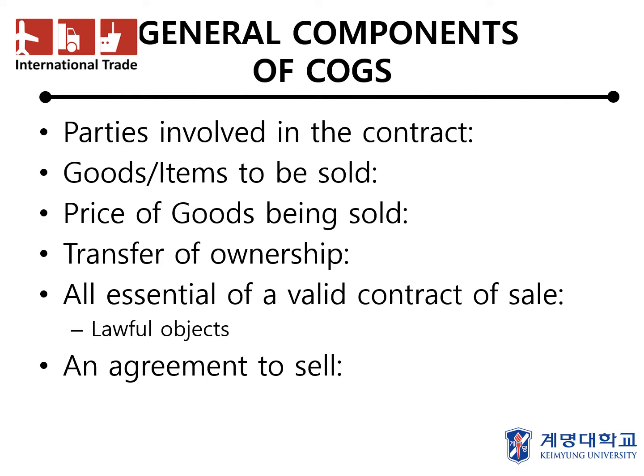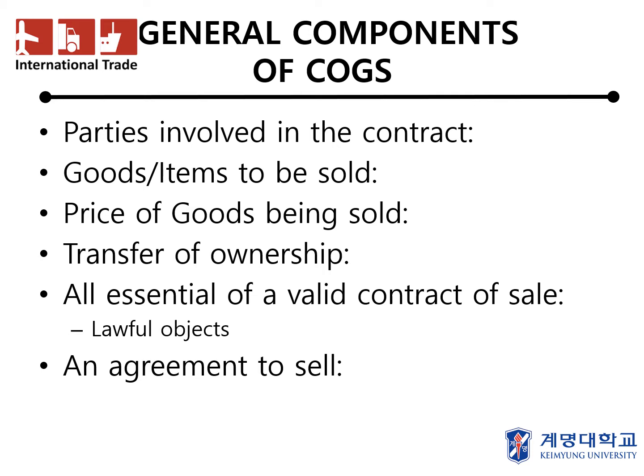And the transfer of ownership, in case you're going to sell a product to one buyer, and then it will be transferred from one buyer to another buyer. So there will be a transfer of ownership and all other essentials of a valid contract of sale, like lawful objectives. If there will be some dispute, which applicable law, which courts, what type of arbitration settlement you are going to follow.